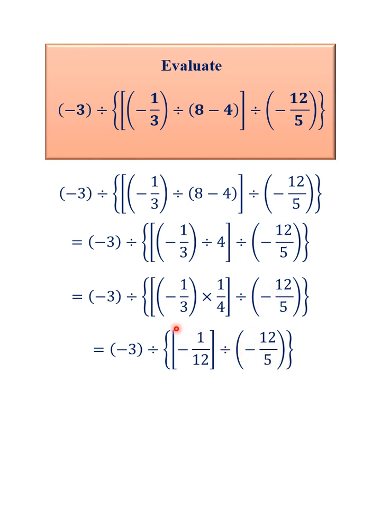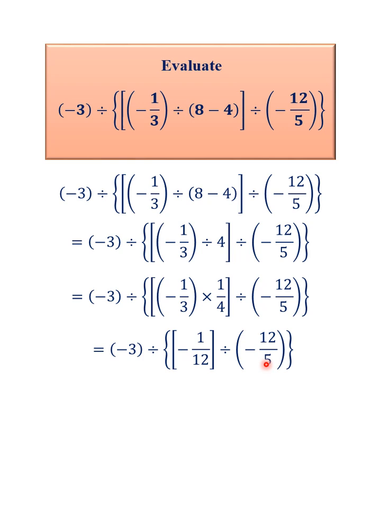Now we're still working on the curly bracket. Inside the curly bracket, we now have two expressions, -1 over 12 divided by -12 over 5. So we have these two expressions that we can evaluate within the curly bracket. So let's go there. Similarly, we change this division to multiplication and we take the inverse of the divisor.